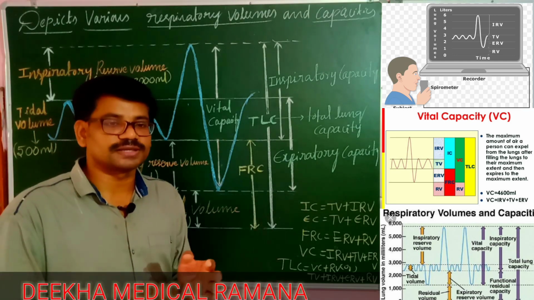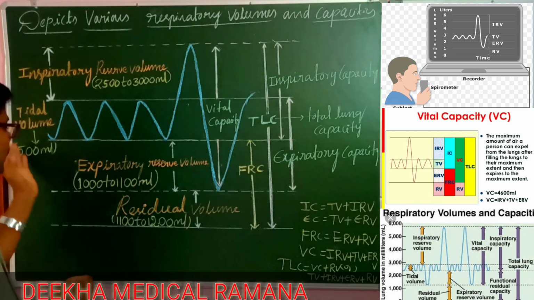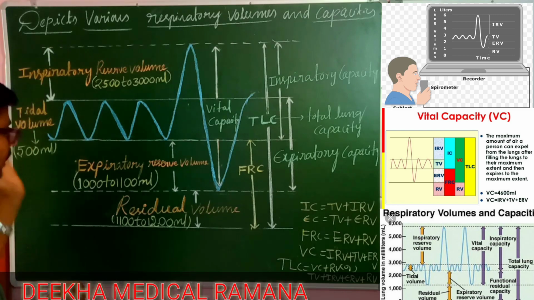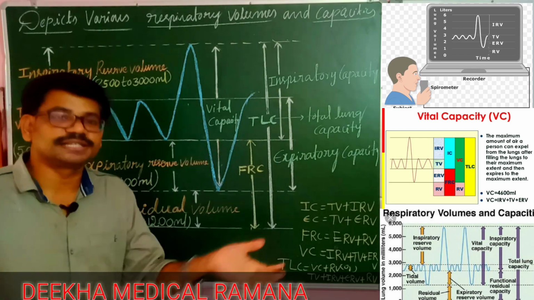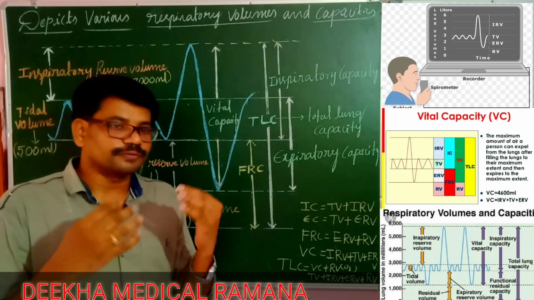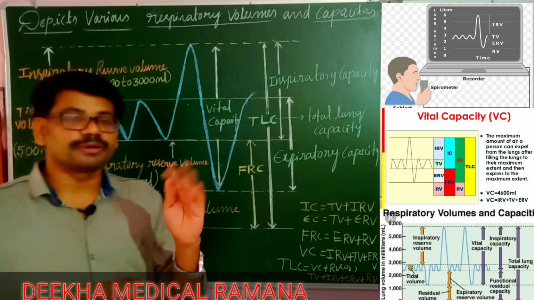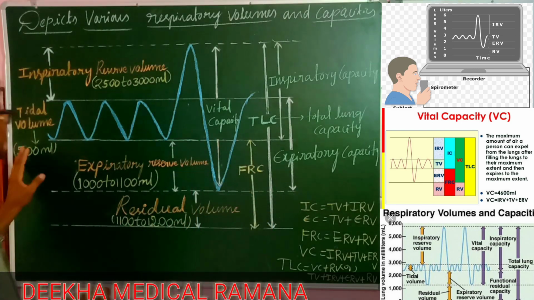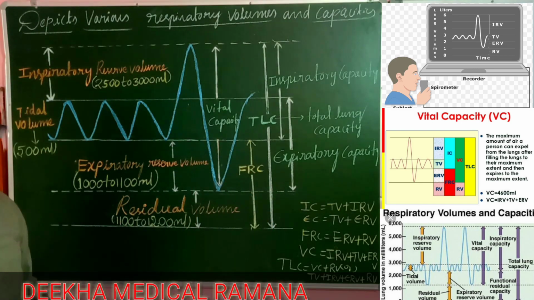So 500 multiplied by 12 gives 6000, or 500 multiplied by 16 gives 8000. So a healthy human being respires 6000 to 8000 ml of air per minute during normal condition.